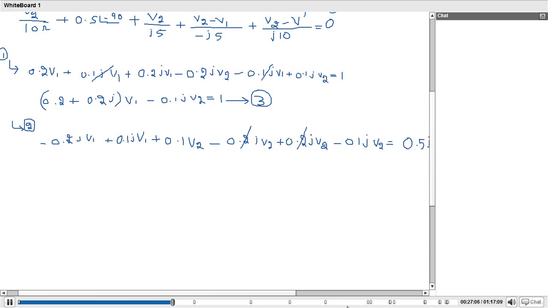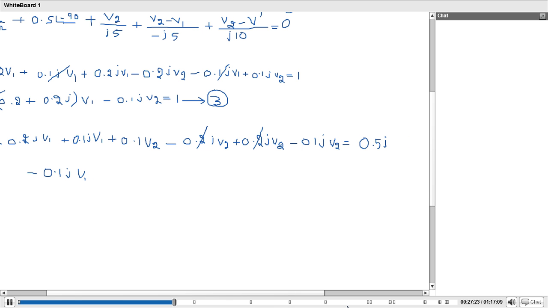So the resulting equation, you write it. So 0.1 j V1 and minus 0.2 j V1, so it will come minus 0.1 j V1. And what are the V2 terms? Here V1 term is over. So 0.1 V2, this is real.